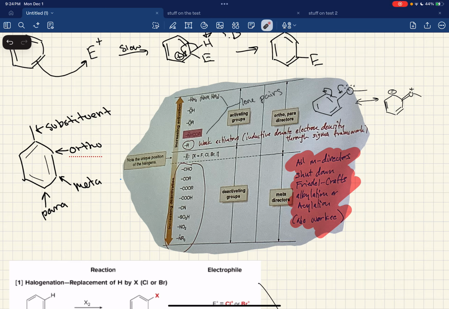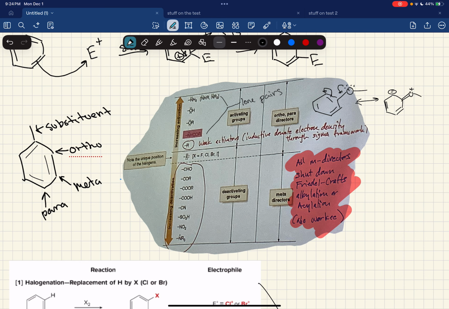But the deactivating groups are all groups where, I'll just do the first one, there's an inductive effect, first off, that pulls the electron density away from the ring.